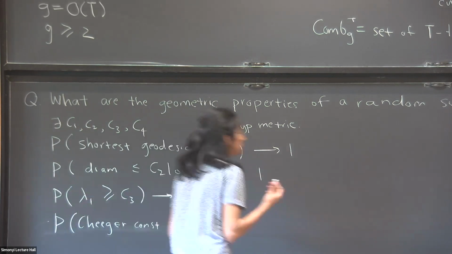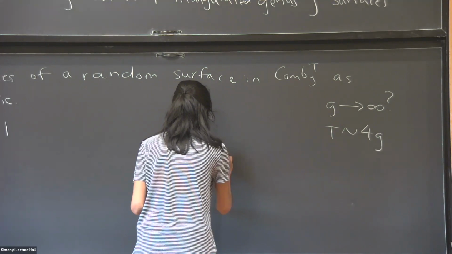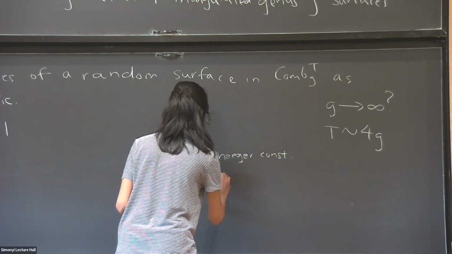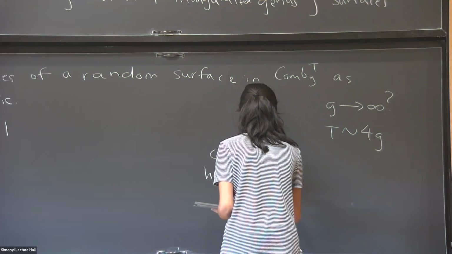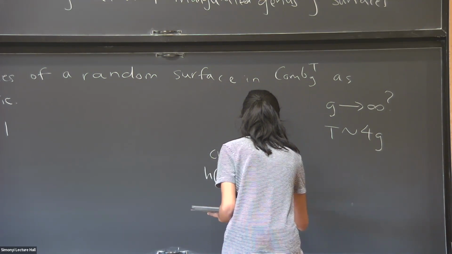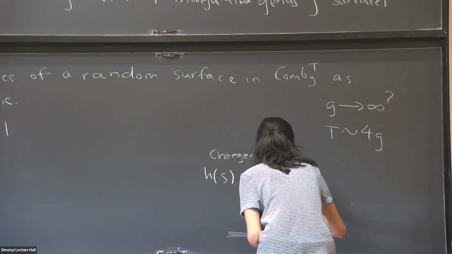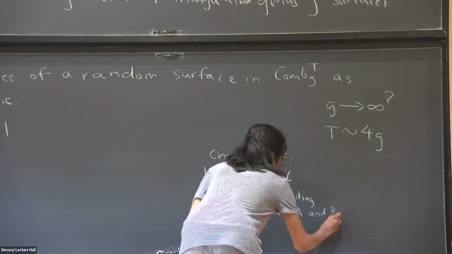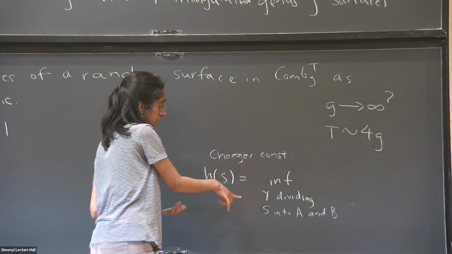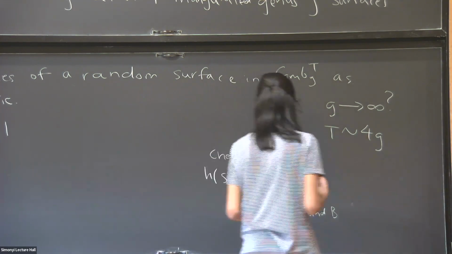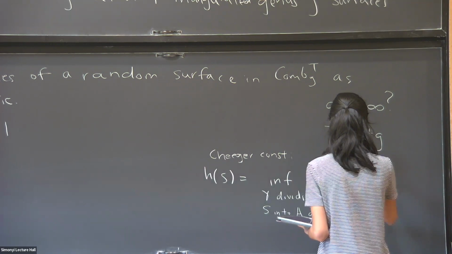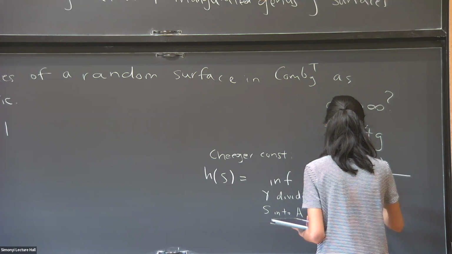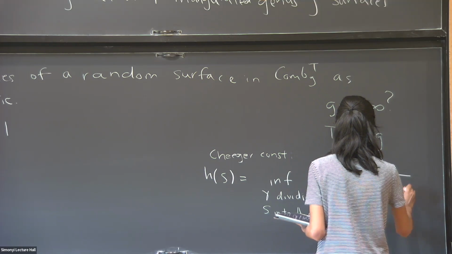So if you want to precisely define it, you take a curve or a system of curves dividing S into pieces A and B, and take the quantity length over the minimum of the areas.